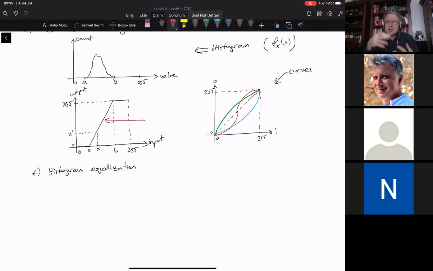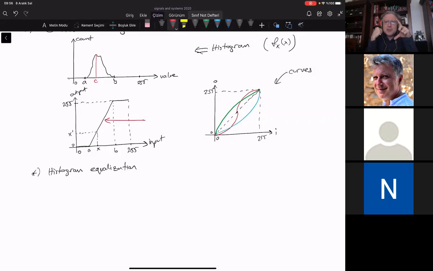Clearly, for a discrete counting process like a histogram, it's not possible because, for instance, the number of pixels inside an image with pixel value C, let's call that pixel C, is that much with the red bar, okay? And if you map it to another value, this count will not change.